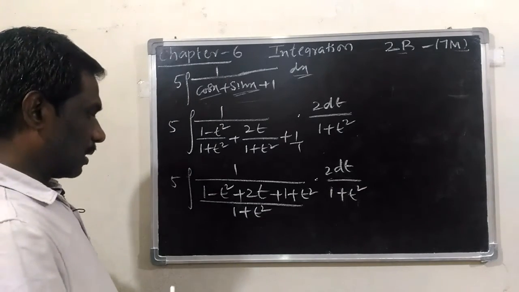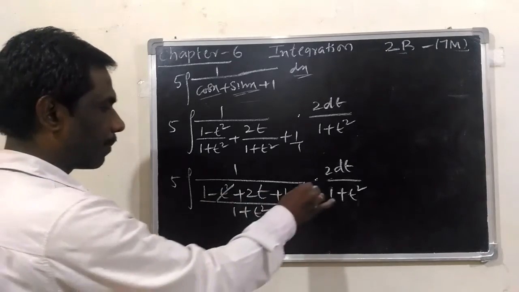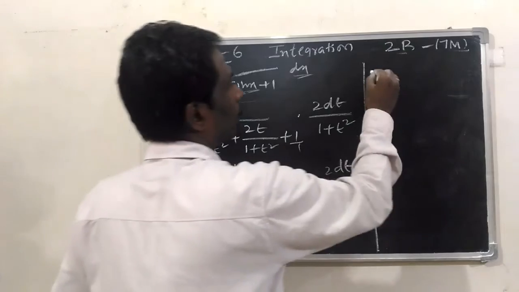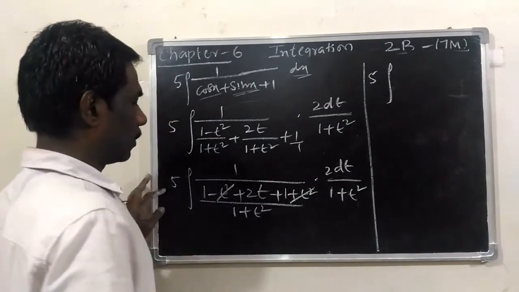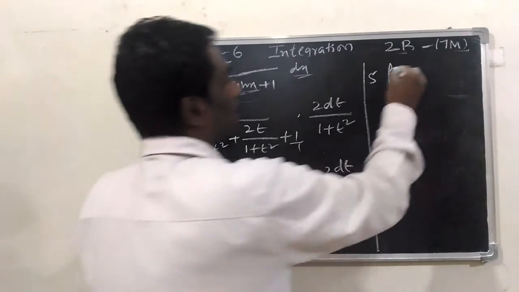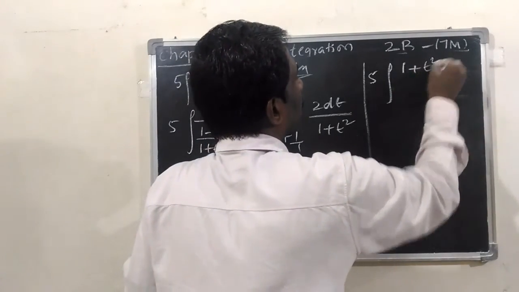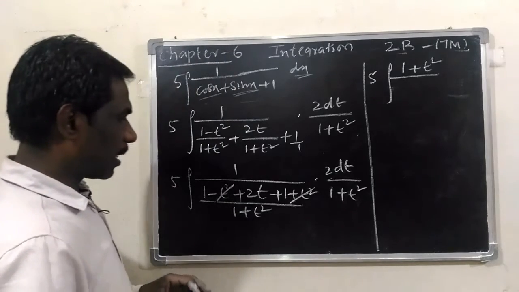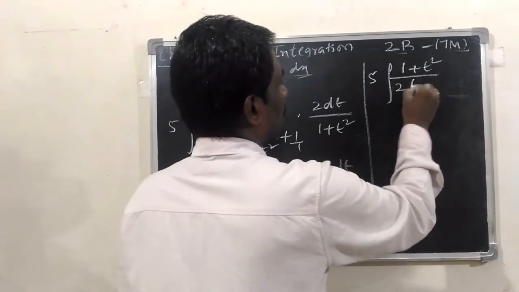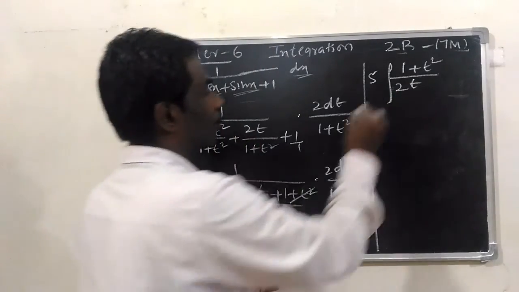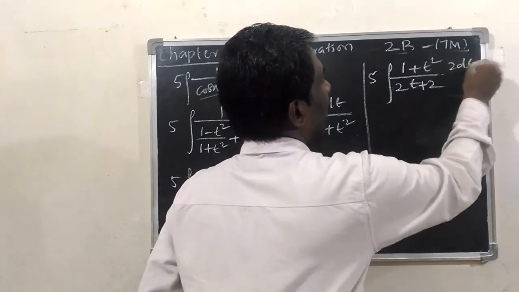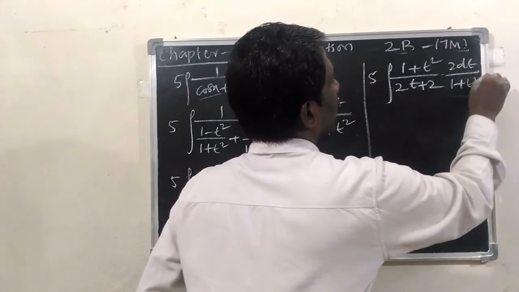After this, minus t square and plus t square we can cancel. Next write 5 integral and take the reciprocal. This 1 plus t square goes upwards, so 1 plus t square is in the numerator, and the denominator is 2t, and 1 plus 1 is 2, plus 2 into 2 dt by 1 plus t square.